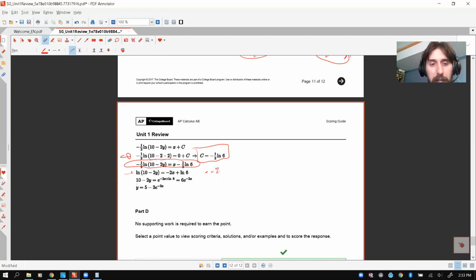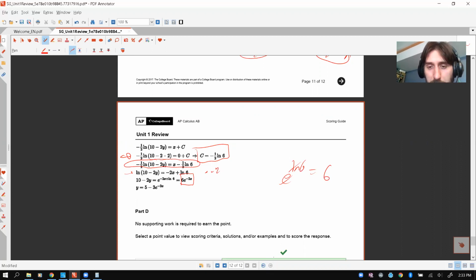So we'll get on the left side 10 minus 2y, but on the right side e to the negative 2x plus the natural log of 6. The natural log of 6 and e will just cancel out. E to the natural log of 6 is just 6 because the e and the natural log cancel out.